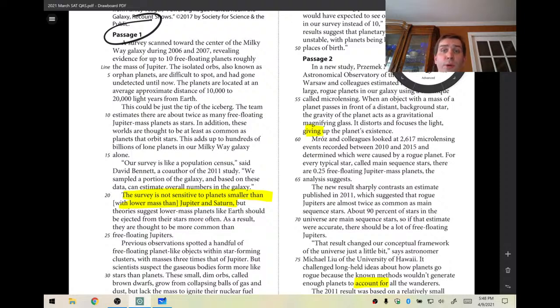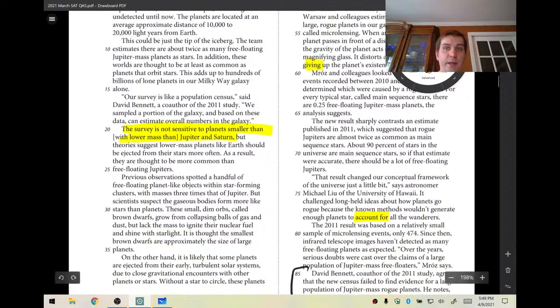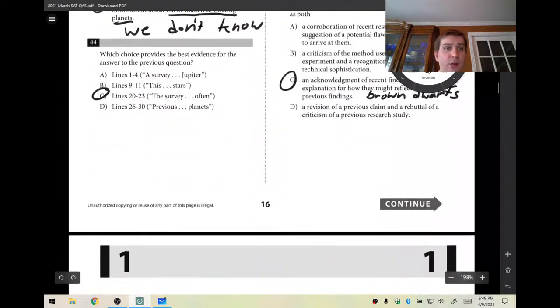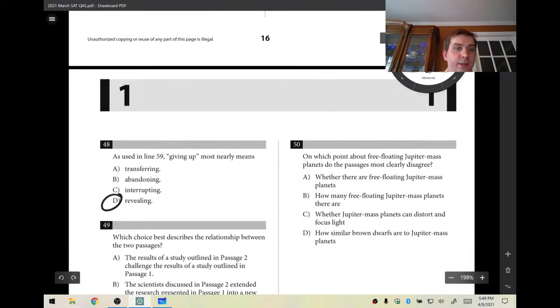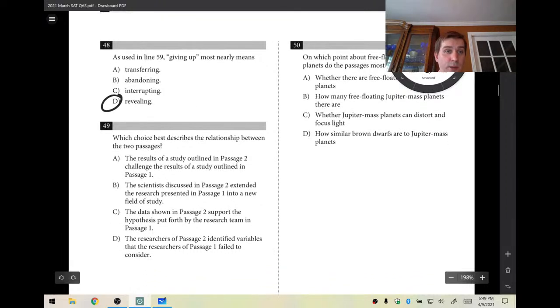It distorts and focuses the light, transferring the planet's existence. That makes no sense. Let's try abandoning. That makes no sense. Let's try interrupting. That makes no sense. Last one, it better work. It distorts and focuses the light, revealing the planet's existence. That makes perfect sense. Always read the words back in the sentence. It's not cheating. It works really well.